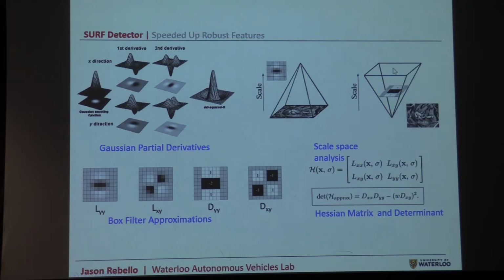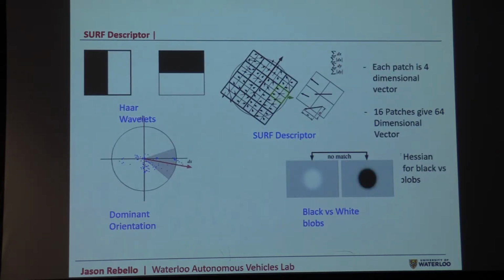By working on the filters, you can increase the size of the filter but still get the corresponding value in constant time. That's why it's called speeded up robust features, because it purely works with integral images rather than the actual pixel values, as we are summing everything. So that was the SURF detector.